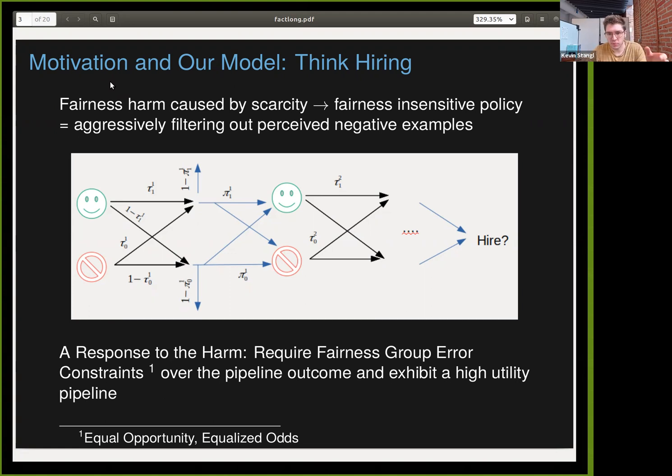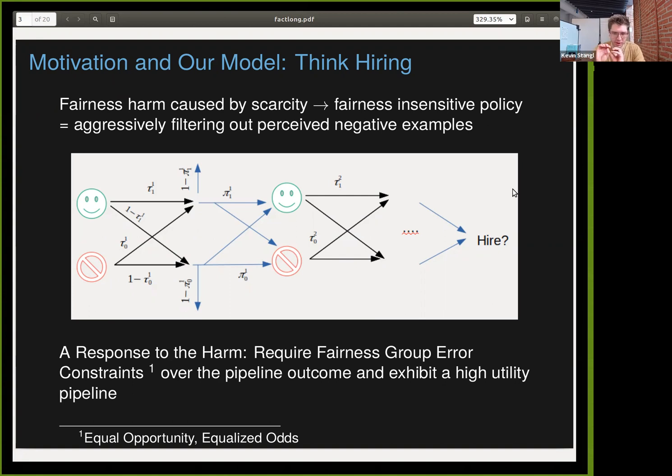So think we want to hire someone, and there are true positives and true negatives, with labels that exist in the world. The labels are real, and we have some tests. The initial tests are cheap or semi-automated, and we have this interview process that has a bunch of stages of these cheap tests, and it ends with an expensive interview, and we can only do a few of these interviews.